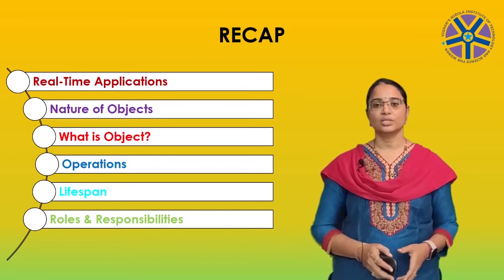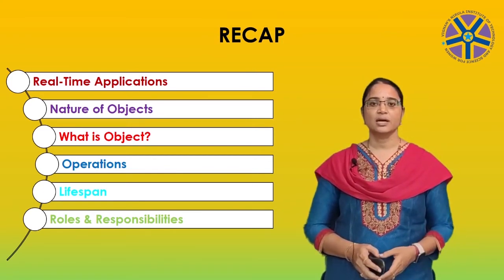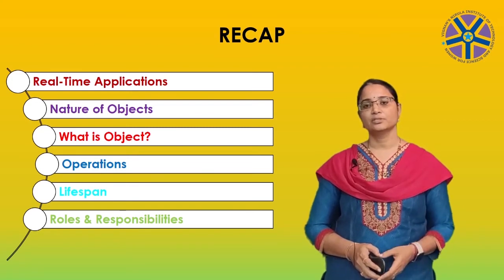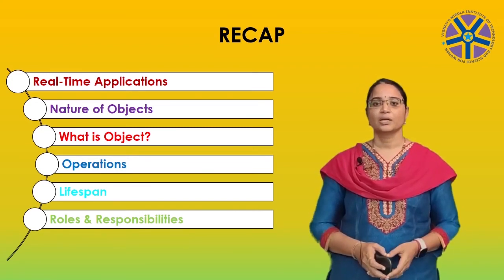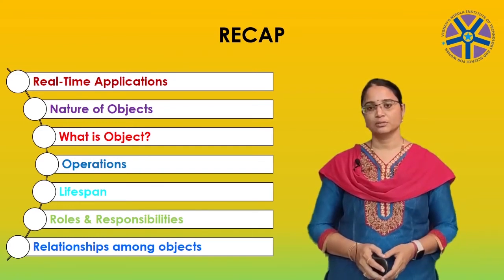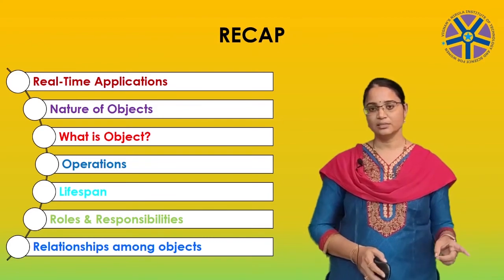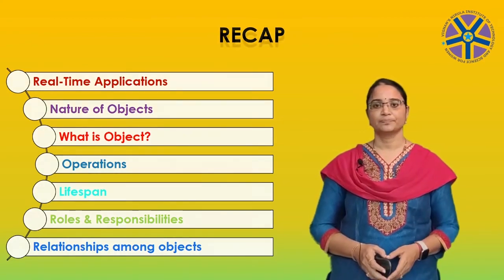Next, we have gone through the roles and responsibilities. Role is nothing but a mask and the responsibilities of a person who plays the role. And next, we have seen the relationships among the objects. We have seen two types of relationships. First one is links and second one is aggregation.